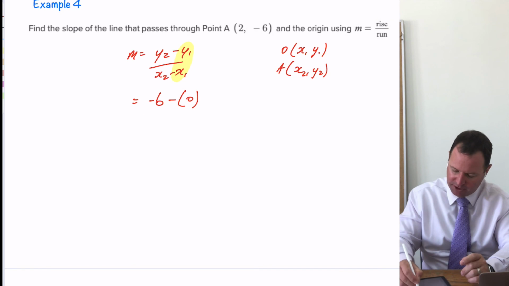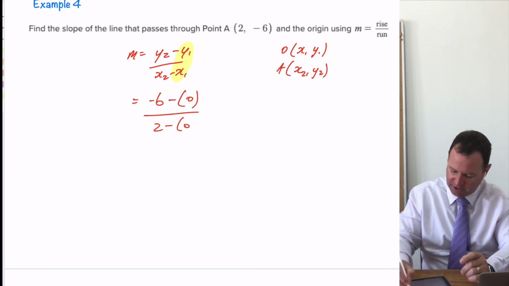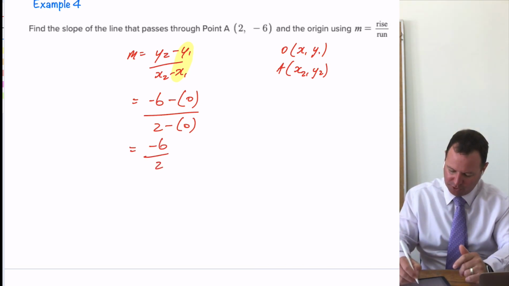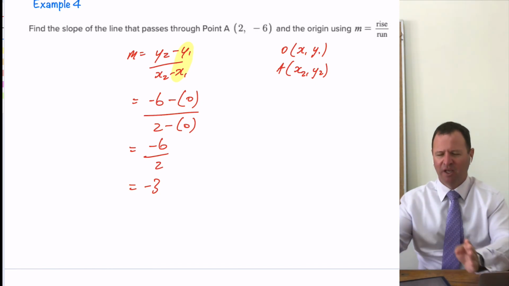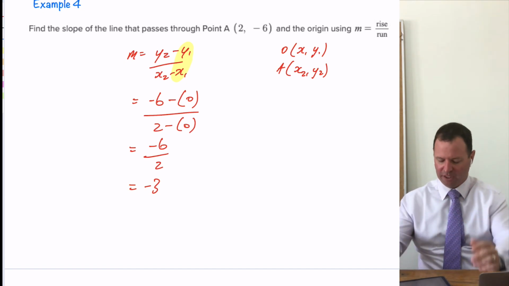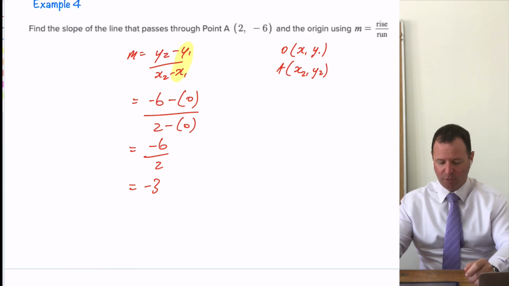It's going to be -6 minus 0, and my x2, which is the 2 minus a 0, which doesn't change anything. I've got -6 on 2, which is going to get me to -3. Okay, that was so much easier than, well, it's not too much easier, but it's a lot easier than if I'd have to make some negatives and I could get lost and get stuck on it all. Okay, so there we have the slope of a line.